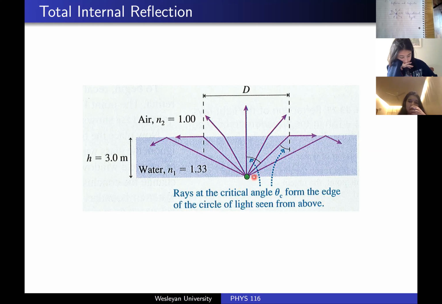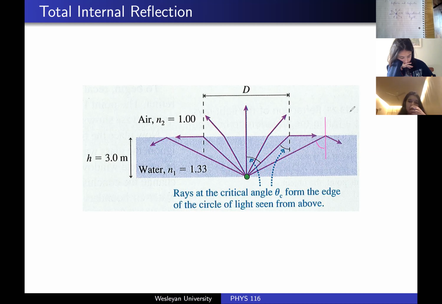And now what happens if you increase your angle of incidence even further than that? So this is the critical angle here. And over here, I've increased the angle even further than the critical angle. What happens now is, well, it can't refract into the air anymore.